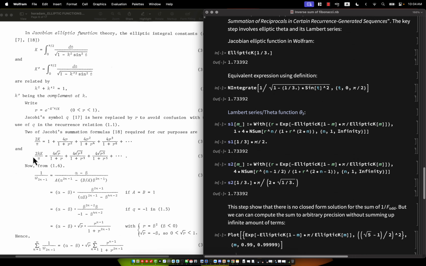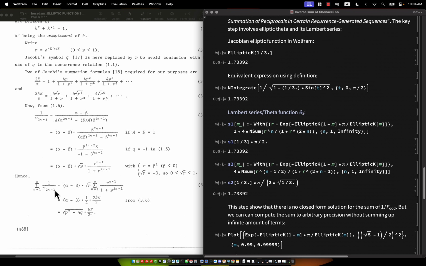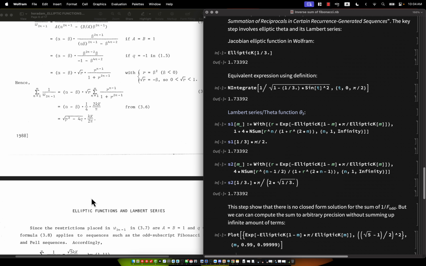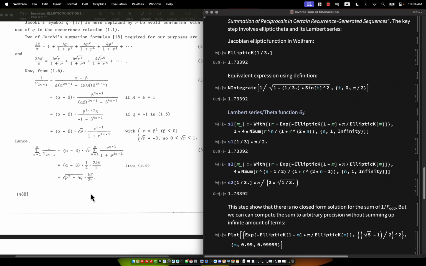So let's go to the paper. It says if you want to compute these elliptic expansions, which is actually used here for omega 2n minus 1, this omega can be replaced with the Fibonacci or Pell sequence used in this paper. So how do we use this formula?